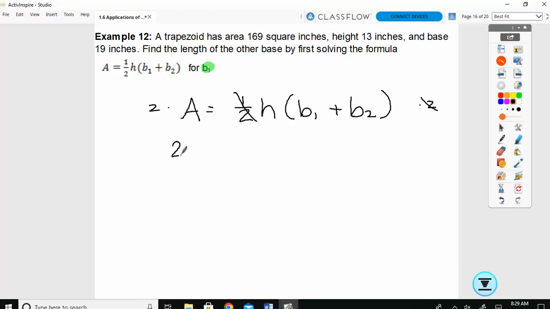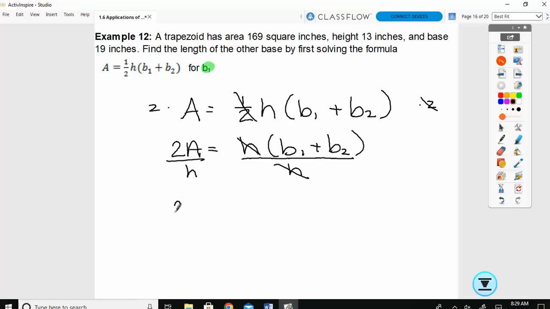So those would cancel, so we get 2a equals h times b sub 1 plus b sub 2. Did I get rid of the parentheses? Alright, gotta get rid of that h, so we divide by it. So 2a over h equals b sub 1 plus b sub 2.